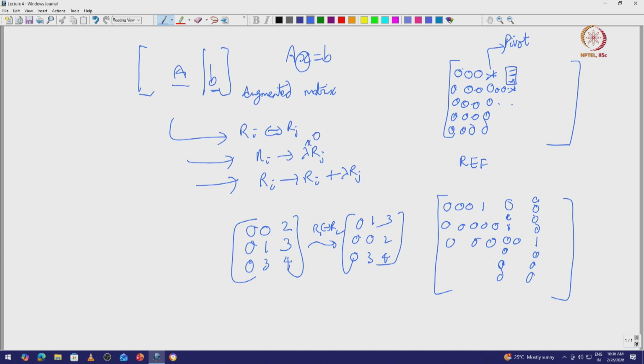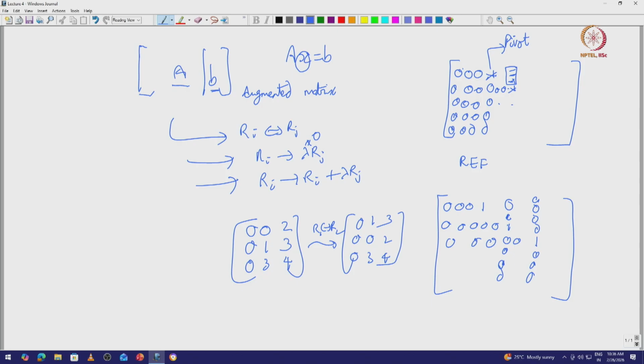But the point is, you could have done it with a third row as well. There is nothing stopping us from doing that. So what interchange must you do? That really depends on the situation.